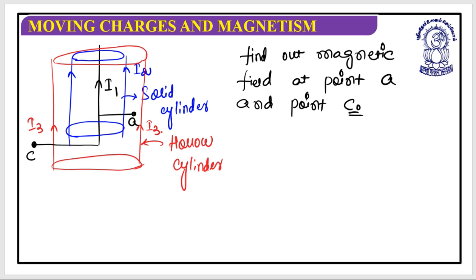So what I understood is that at point A, who is going to contribute to the magnetic field? First is the straight wire.